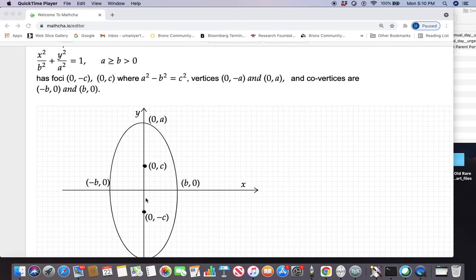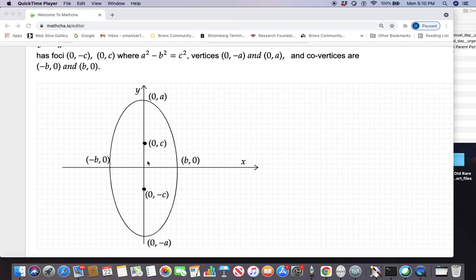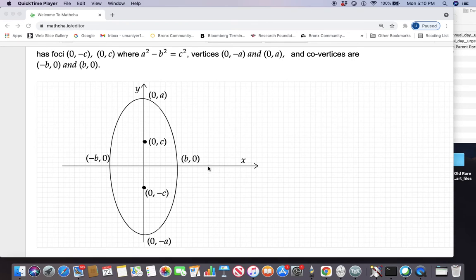Anyhow, if the foci are on the y-axis, a goes with y, b goes with x. So (0, a) and (0, negative a) are y-intercepts. They are your vertices, whereas the x-intercepts now are co-vertices. This is your major axis. This is your minor axis.